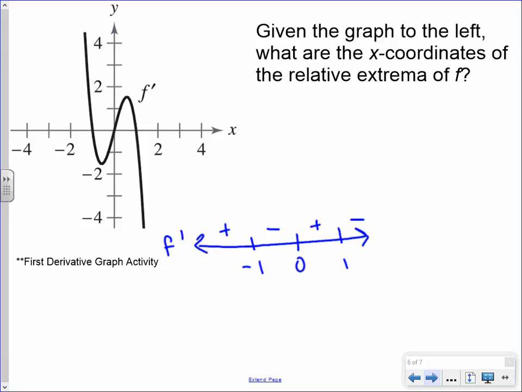So what I'm going to do, I'm going to give you this piece of paper. And as a group, I want you to look at 1 and 4. Excuse me, not 1 and 4.